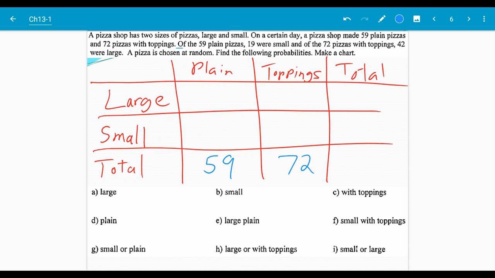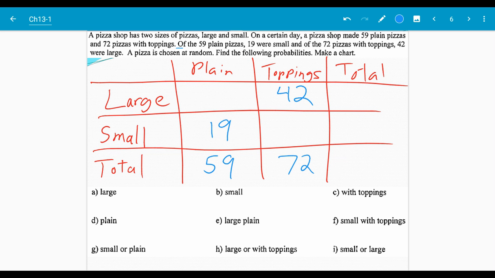Now, be careful here, there's an indicating word of. Of the 59 plain pizzas, 19 were small, and of the 72 pizzas with toppings, 42 were large. So of these 72 topping pizzas, 42 were large.